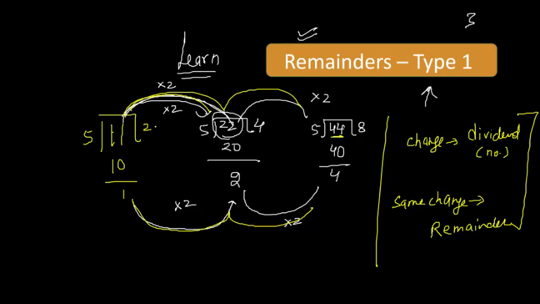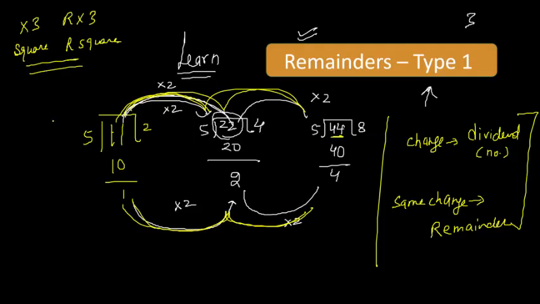Simple. If you are doing double here, your remainders are also getting double. In any question, if he is doing thrice, your remainder will be thrice. If he is doing square of any number, your remainder will also get affected in the same way. Are you getting my point?